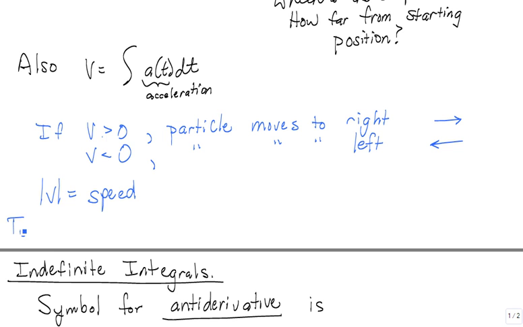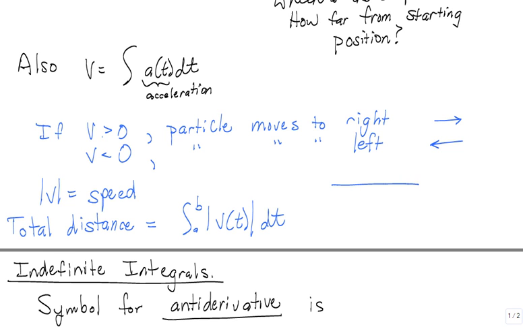So the total distance that this particle has traveled is the definite integral of the absolute value of the velocity. So suppose your particle does something like this on a straight line.